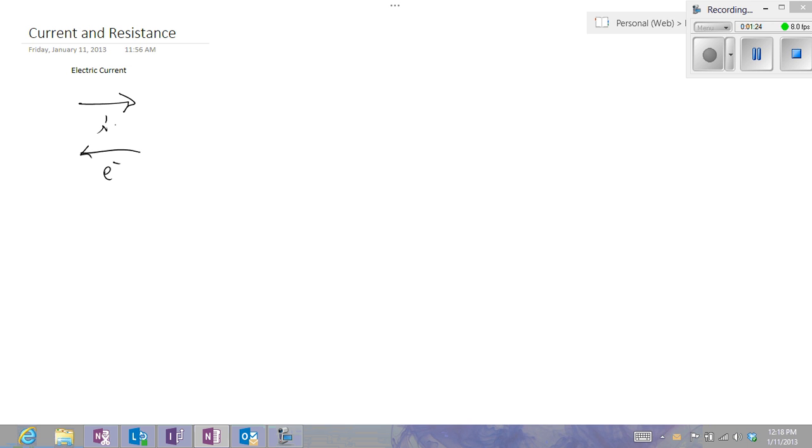So the electron carriers would actually be moving left, but the net effect is a positive charge flow to the right. So theoretically and by definition, we're talking about current in terms of positive charge flow, even if electrons are actually doing the moving. There are a few cases where we will be particularly interested in whether positive charges or negative charges are moving, and we'll see those later.